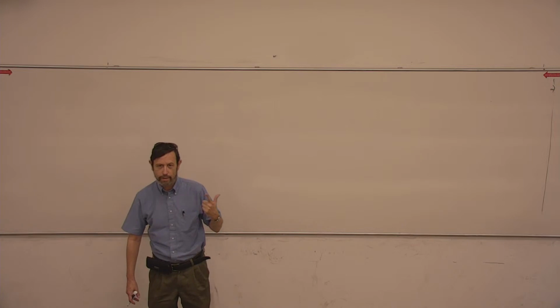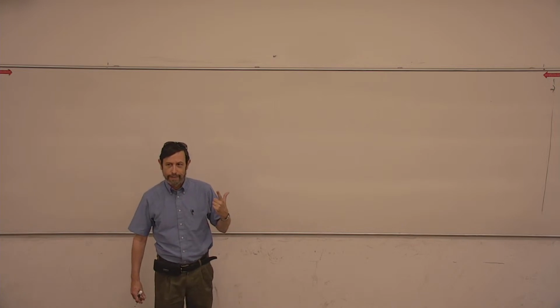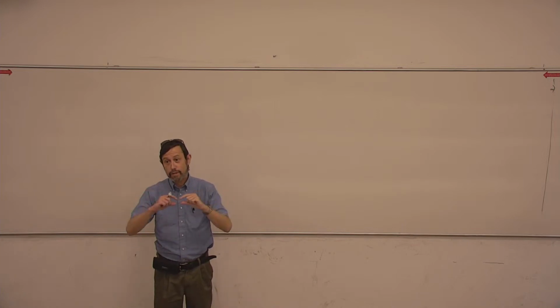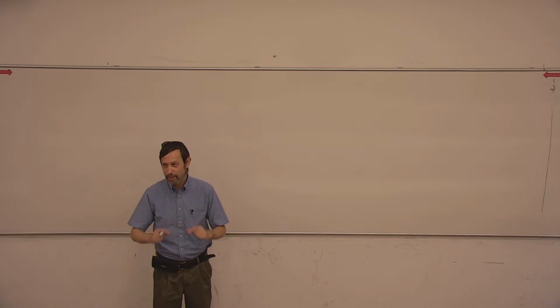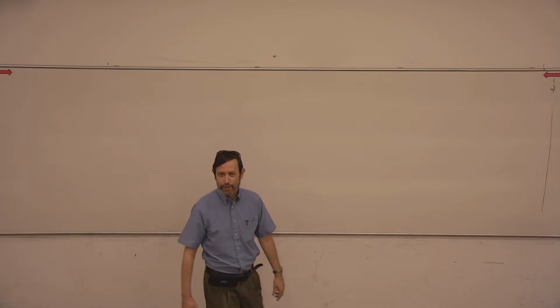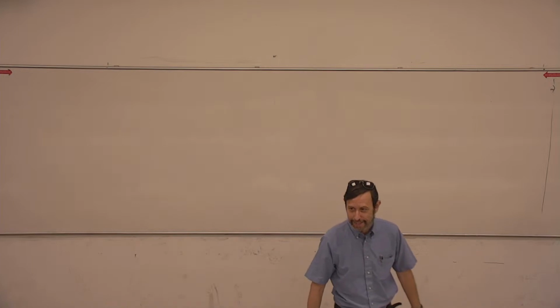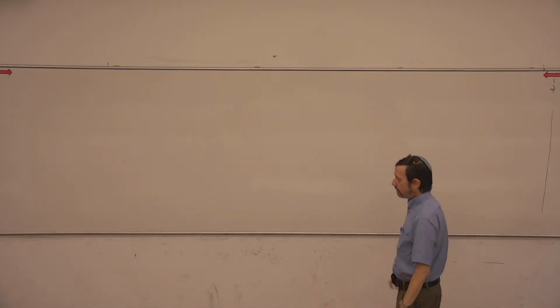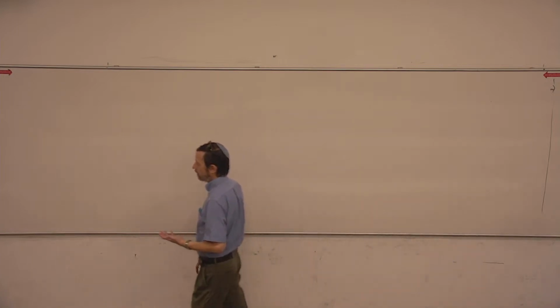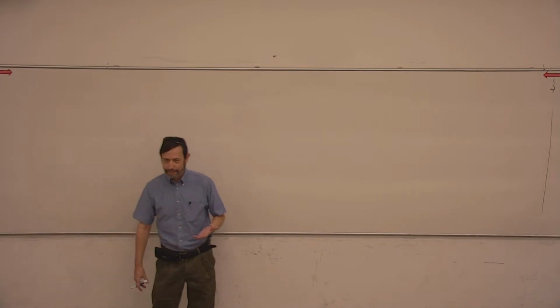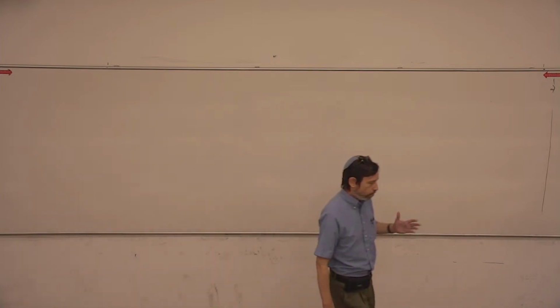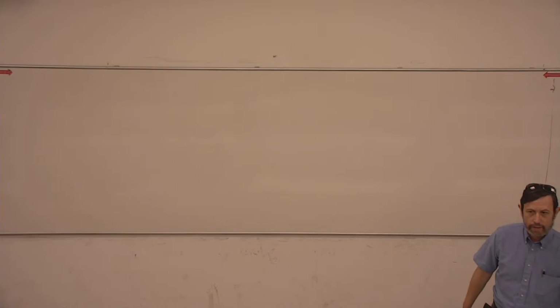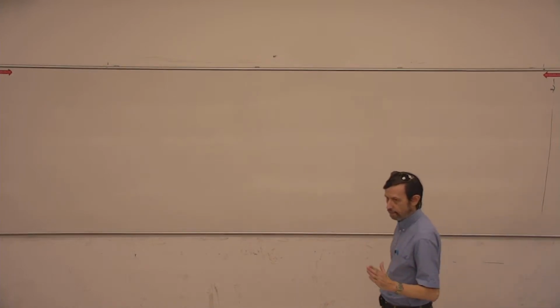Can someone guess what it is? Transistor? Diode, because a transistor is two diodes connected back to back. So we'll do the simpler device. That's what I want to do this week, until the end of the week. That's the material that you'll have in the exam.